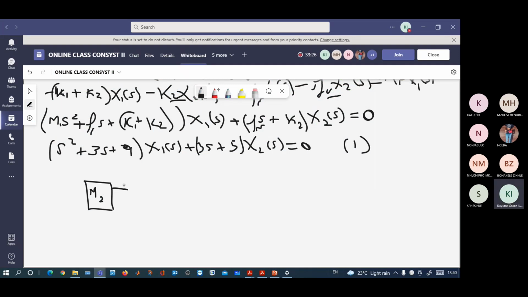In the right direction it's F of t, and this is the direction X2 of t.